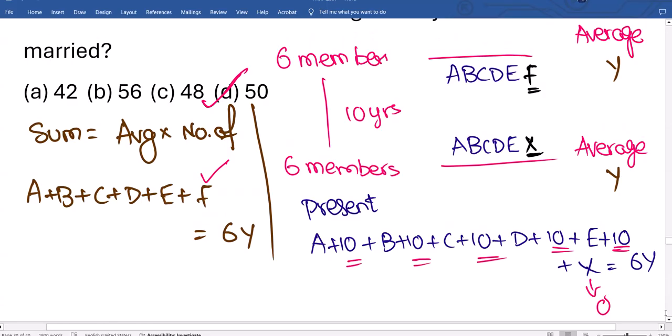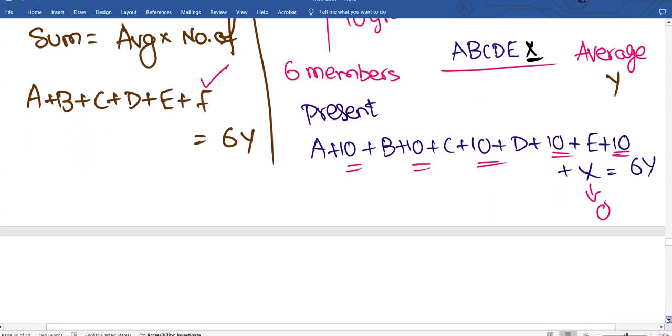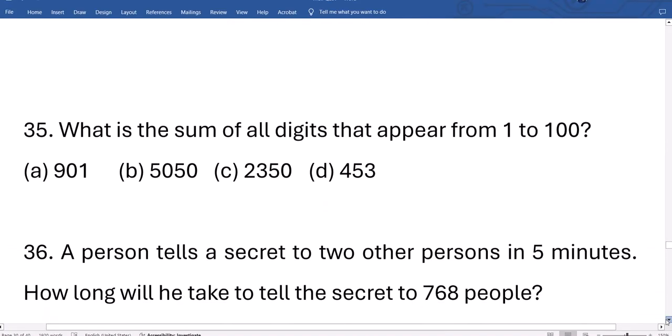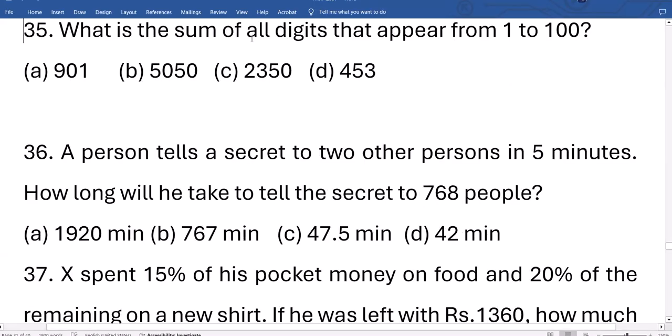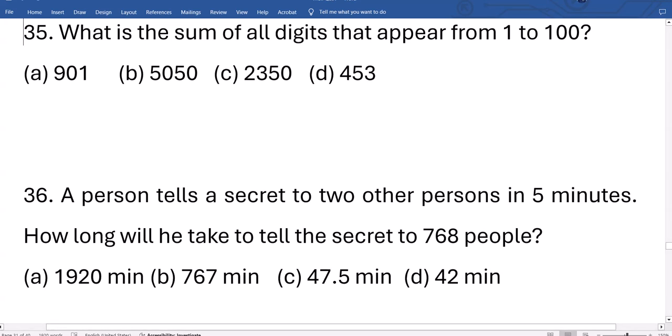Right, so let's see the next question. Sir, sum of all digits that appear from 1 to 100. Is my question correct or not? We have to check.